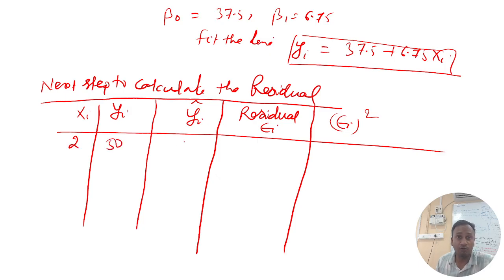How do we calculate? For x equal to 2, it is 37.5 plus 6.75 into 2, and we'll get 51. So yi is the actual value and this is the predicted value. Is there any doubt in this? No, no.